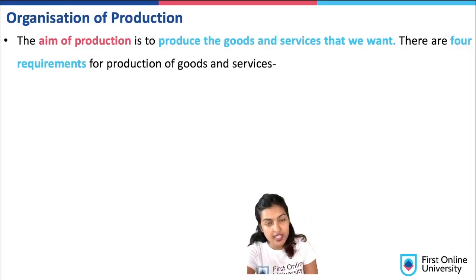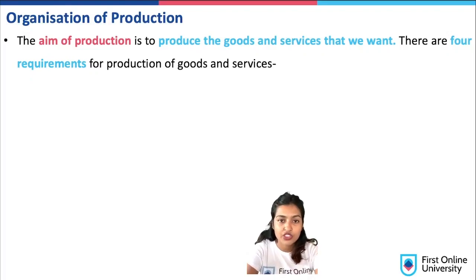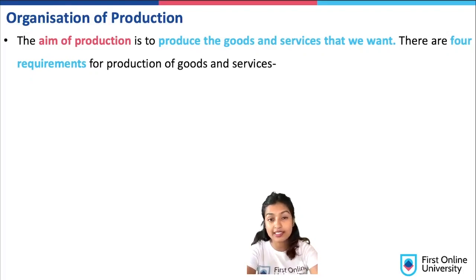Farmers grow cotton, they spin it into yarn, then they send it to the manufacturing area for weaving, and finally it goes on to the service sector where the last pieces are put together, and then this t-shirt comes as what we want to wear, right? So there are four requirements for the production of goods and services. Let us see exactly what they are.